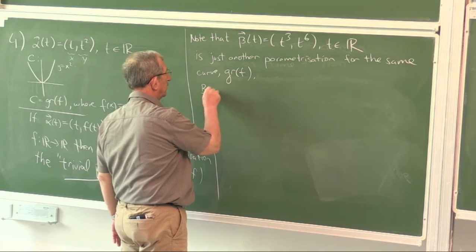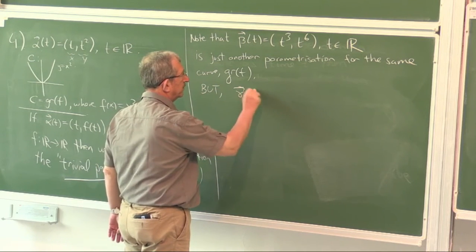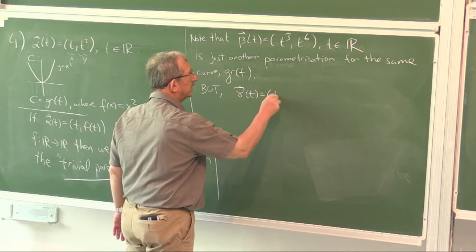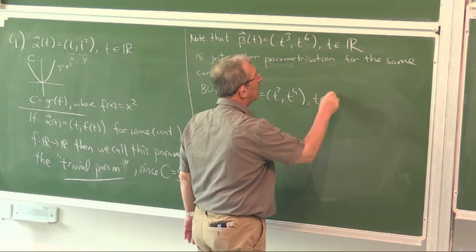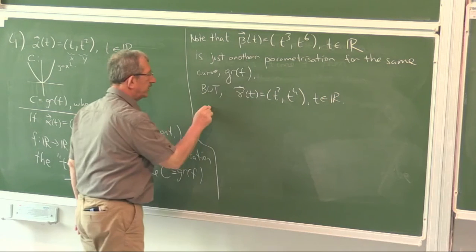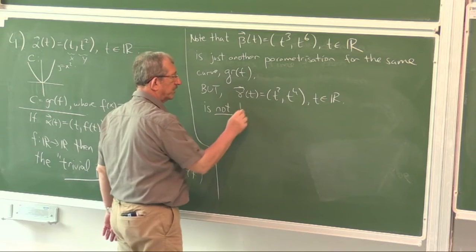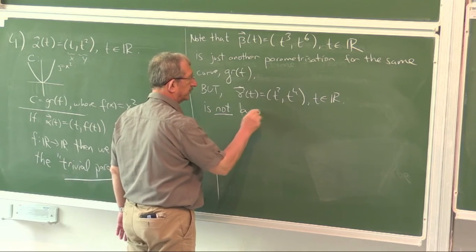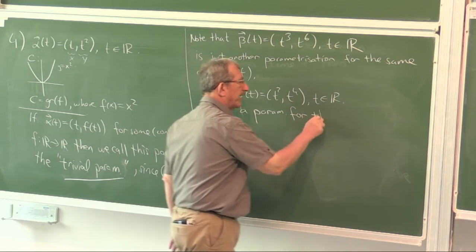But, for example, a gamma of t, which is t squared and t to the 4th, t in R, is not a representation or a parametrization for the same curve.